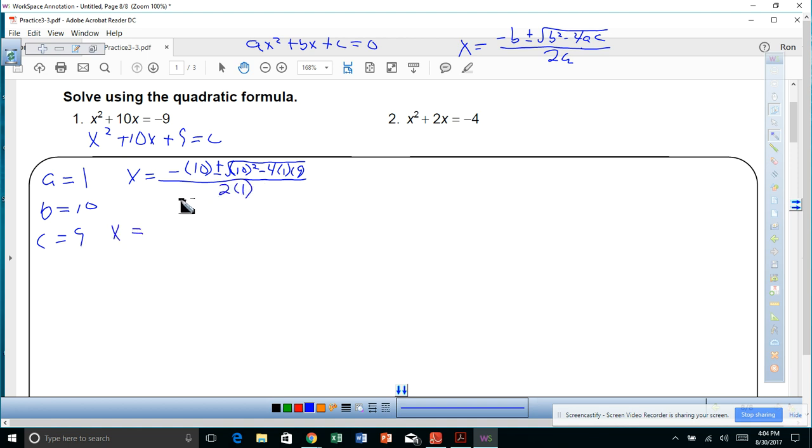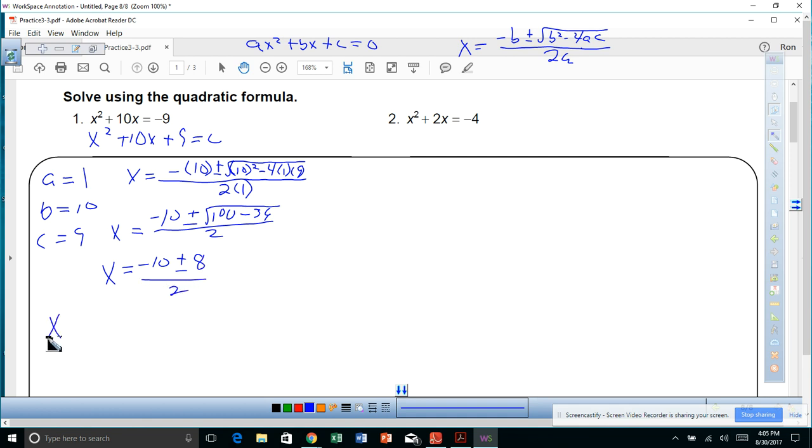So x equals negative 10 plus or minus the square root of 100 minus 36, over 2. 100 minus 36 is 64. The square root of 64 is 8, all over 2.